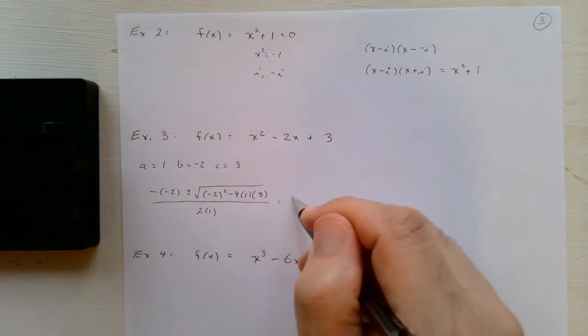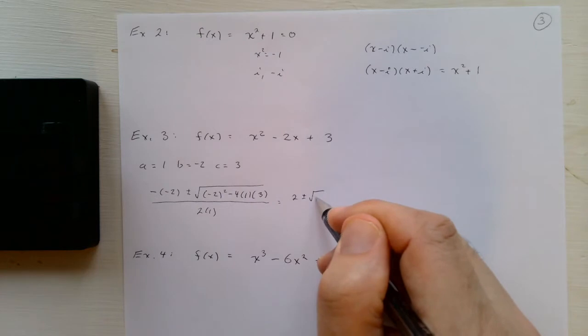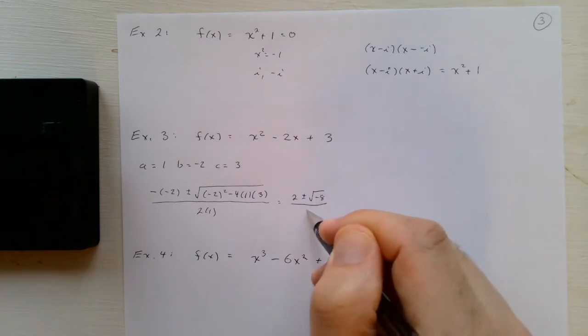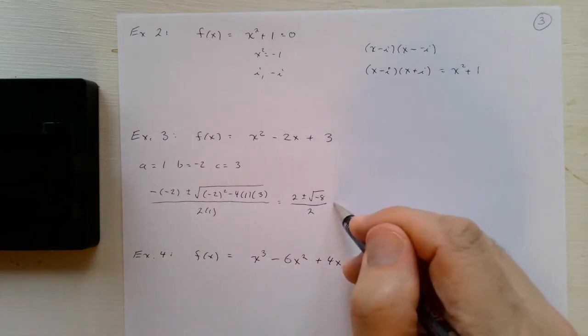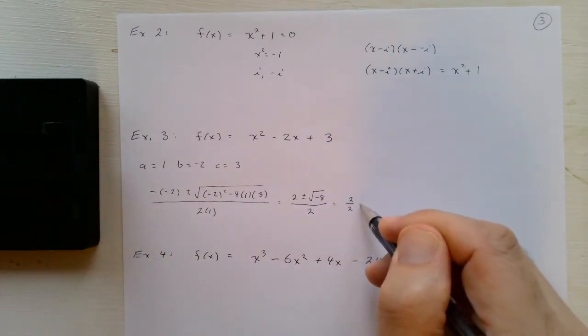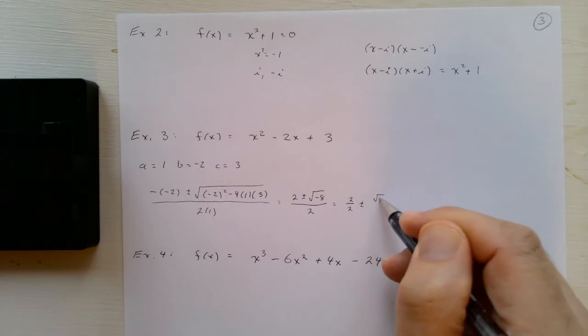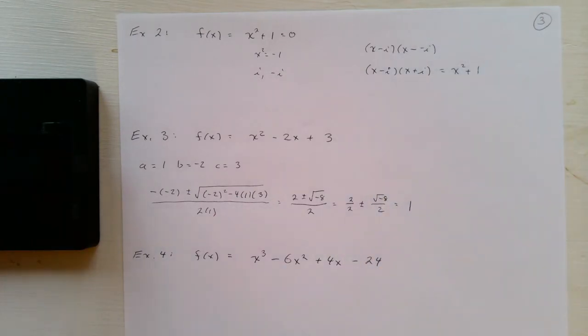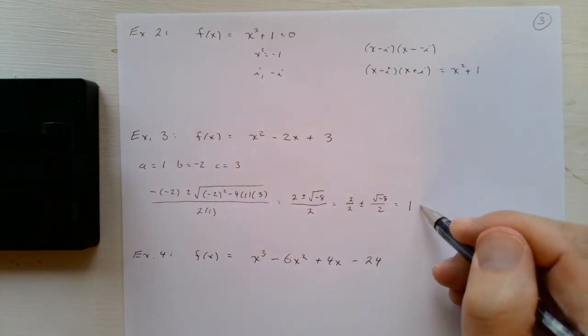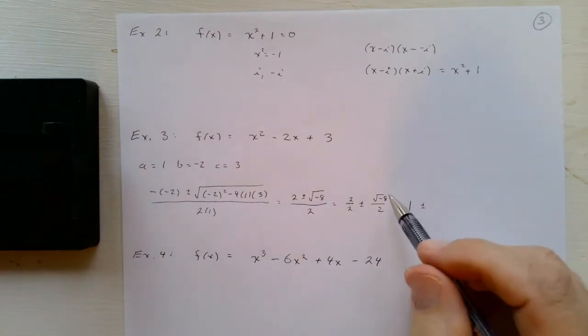This becomes 2 plus or minus the square root of negative 8 over 2. Okay, we can break this up as 2 over 2 plus or minus the square root of negative 8 over 2.